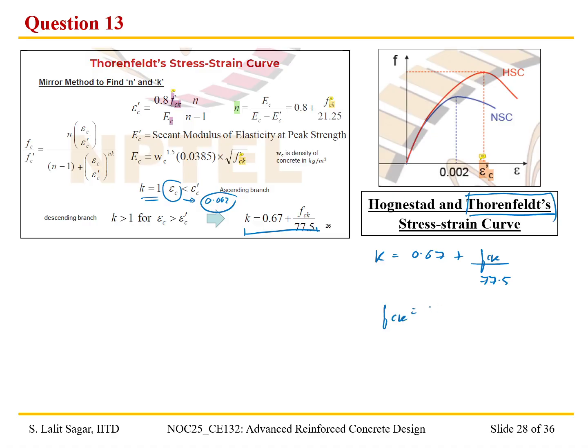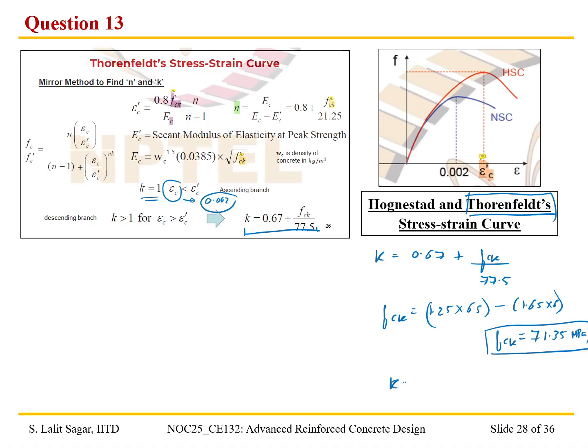FCK is equal to 1.25 into 65 minus 1.65 into, okay, which gives us the value of FCK as 71.35.